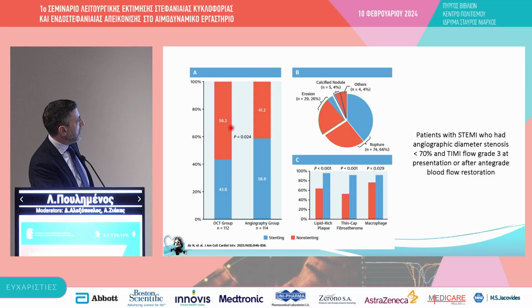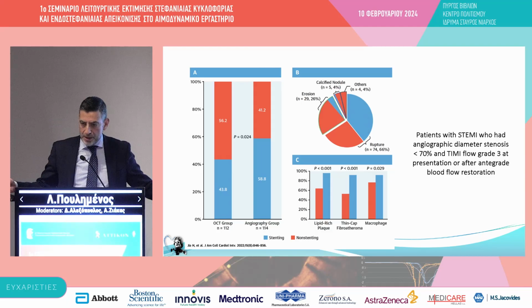Patients were managed with no stenting, and we have many erosions, 26% were erosions. The majority of them were managed conservatively. We have some calcified nodules, managed conservatively, and we have the classic rupture with the majority managed the classical way.